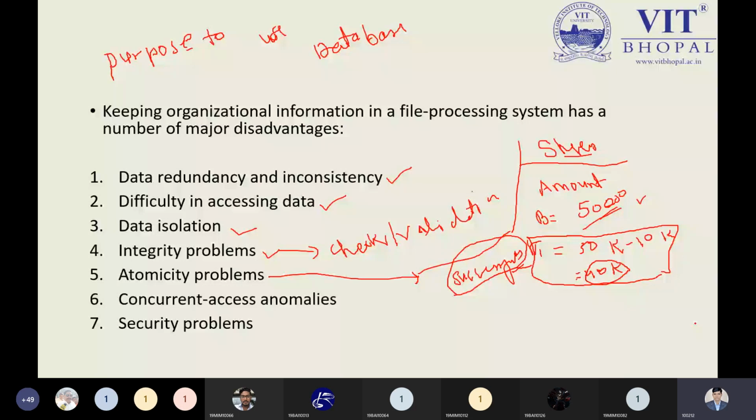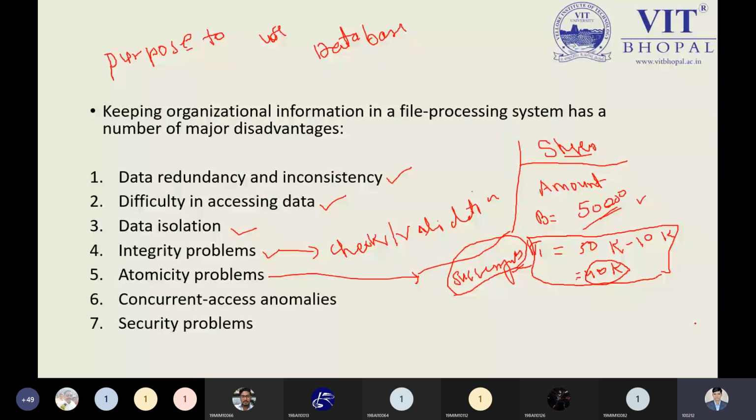If the transaction at the bank failed, then the amount will be rolled back to the customer account. So this is the atomicity problem.